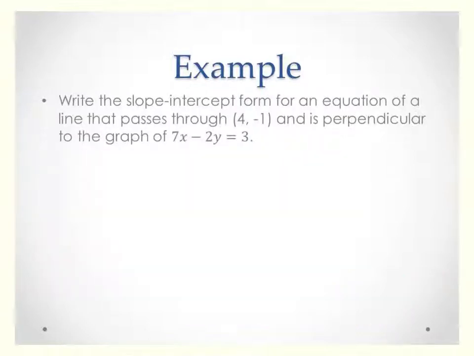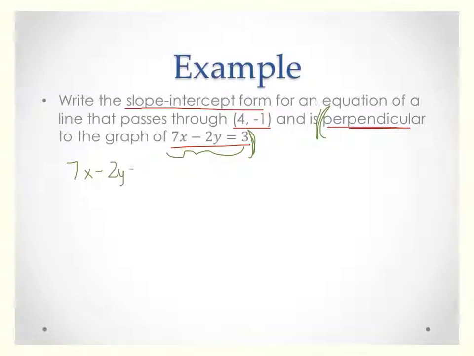Okay, so let's write an equation in slope-intercept form of a line that passes through this point and is perpendicular to this line. Okay, so perpendicular to this line tells us the slope. But in this case, do you know what the slope of this line is? You do not in its current state.